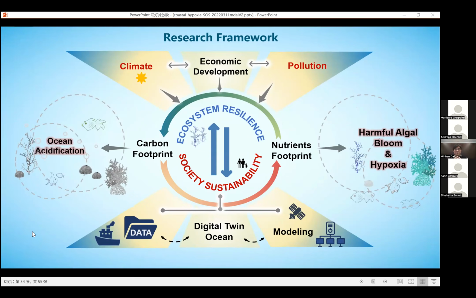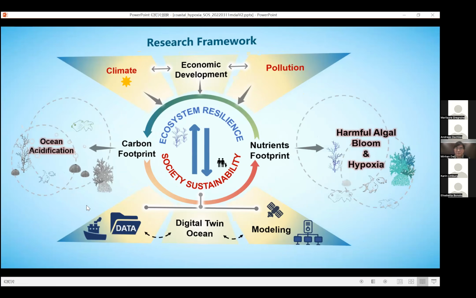For the research framework, we want to focus on both the carbon footprint and nutrient footprint, look at climate, pollution, and economic development, and try to look into ecosystem resilience and societal sustainability. The foundation of those is the data, modeling, and the digital twin ocean.